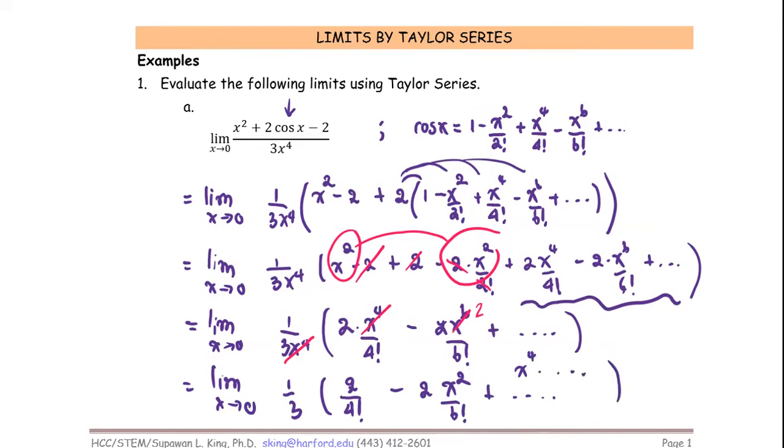So only the first term is just a real number; we take the limit as x approaches 0. The later terms involving x will approach 0. Now the limit of this function becomes 1 over 3 multiplied by 2 over 4 factorial, which gives us 1 over 36.